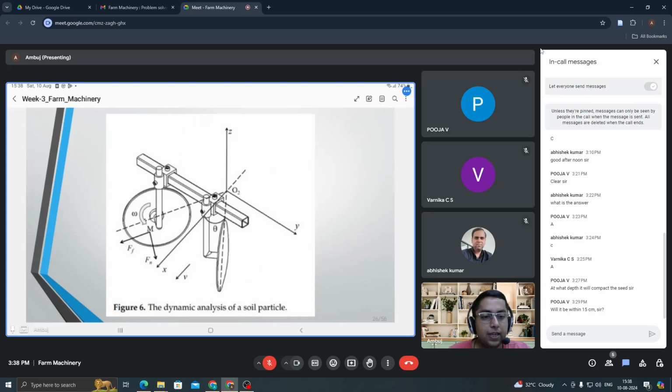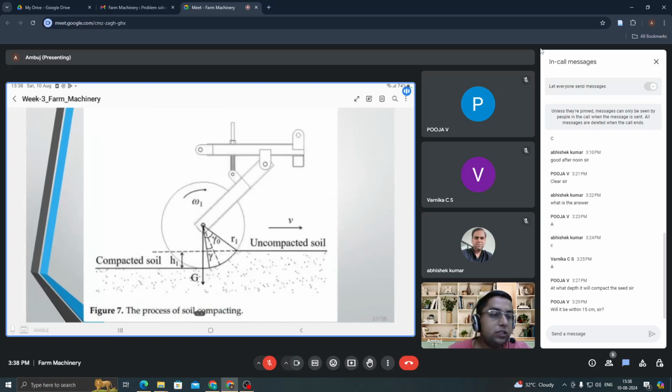Then how the soil compaction process is happening. In this way we try to analyze things. If a spring is provided, then what would be the horizontal and vertical force acting on the spring, what is the mass of the disc, what is the speed of this movement, and then what would be the amount of soil compaction.